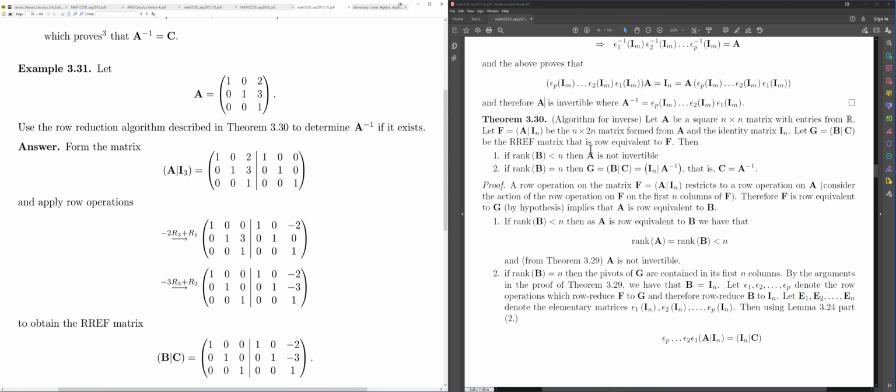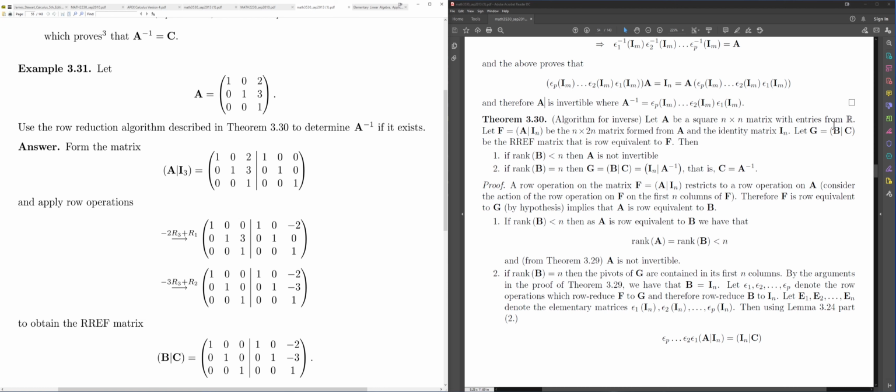Okay, and to use the notation in the theorem, you start off with A together with the identity. Then you apply Gauss-Jordan until you get an augmented matrix where B is on the left-hand side and C is on the right-hand side.